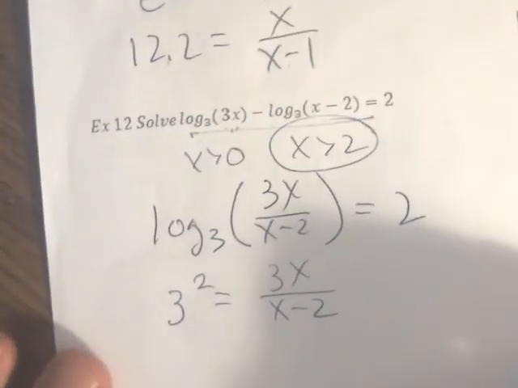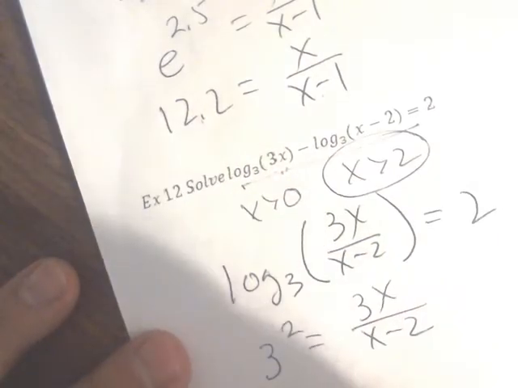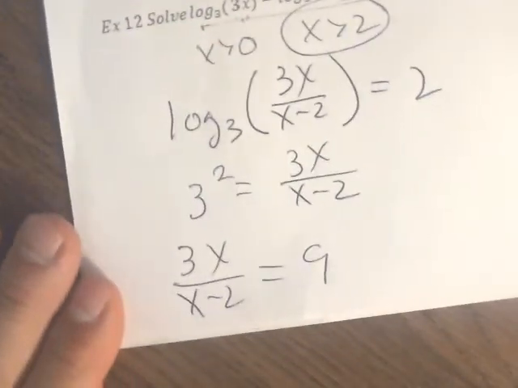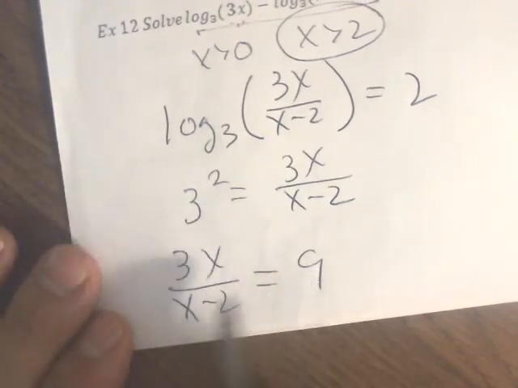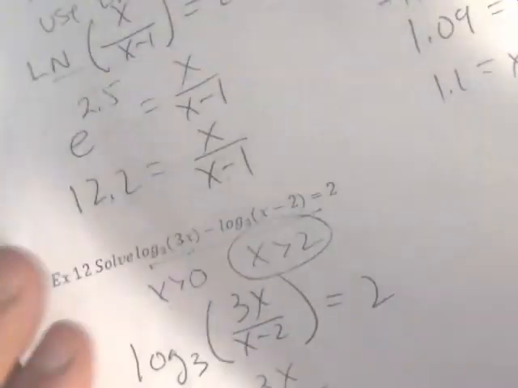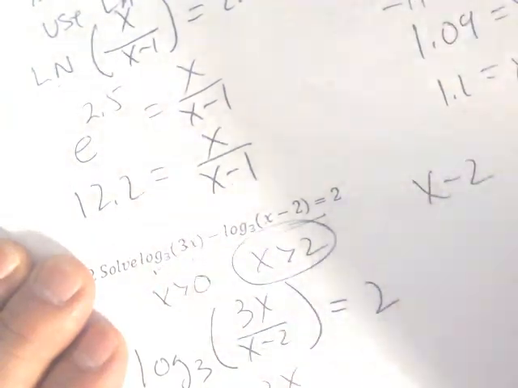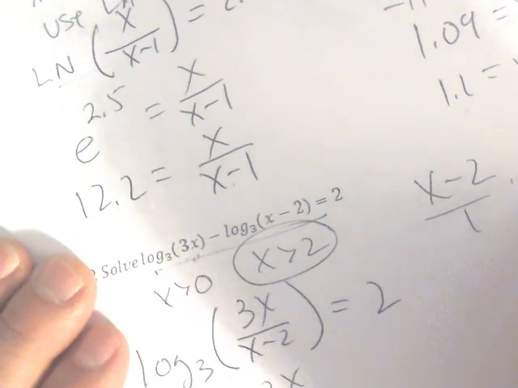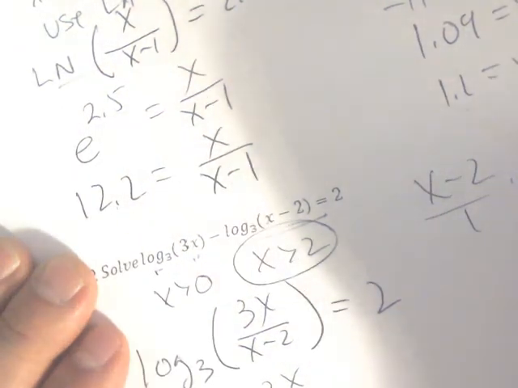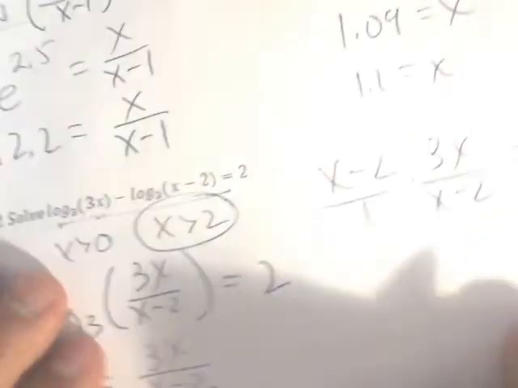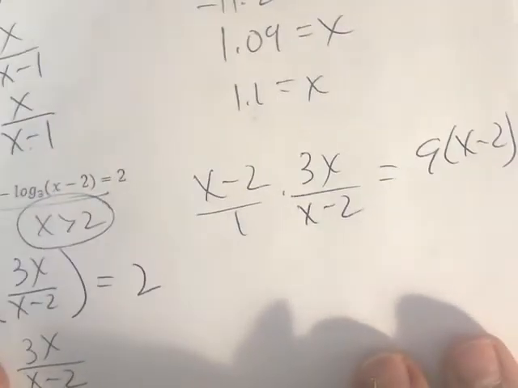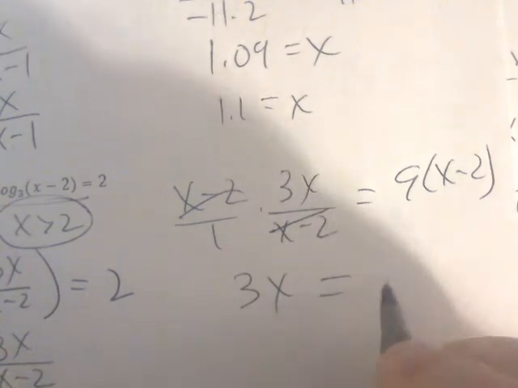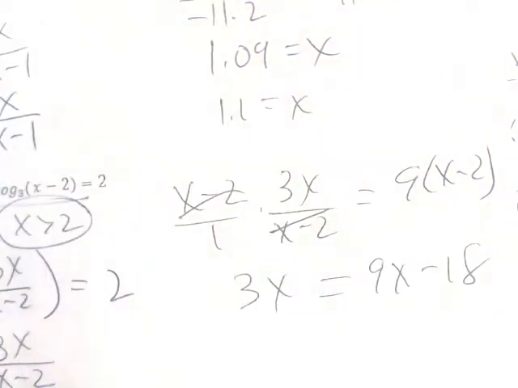Change it to the exponential form. Interchange my sides. Now I'm going to multiply both sides by x minus 2. So these go away. So 3x equals 9x minus 18.